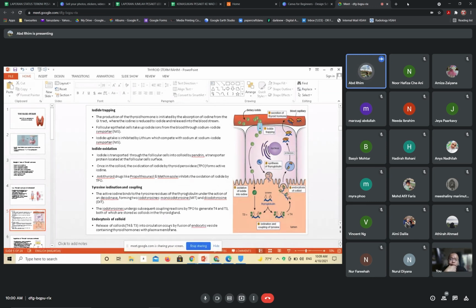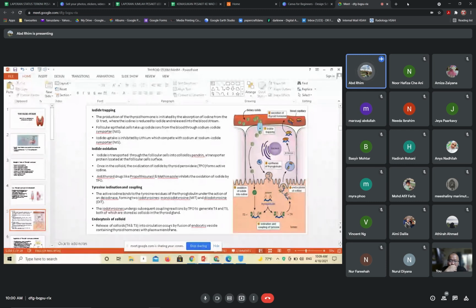The follicular epithelial cells take up the iodide ions from the blood through the sodium iodide symporter. The iodide uptake is inhibited by lithium, which competes with sodium at the sodium iodide symporter. I'm going to explain this part later in detail.